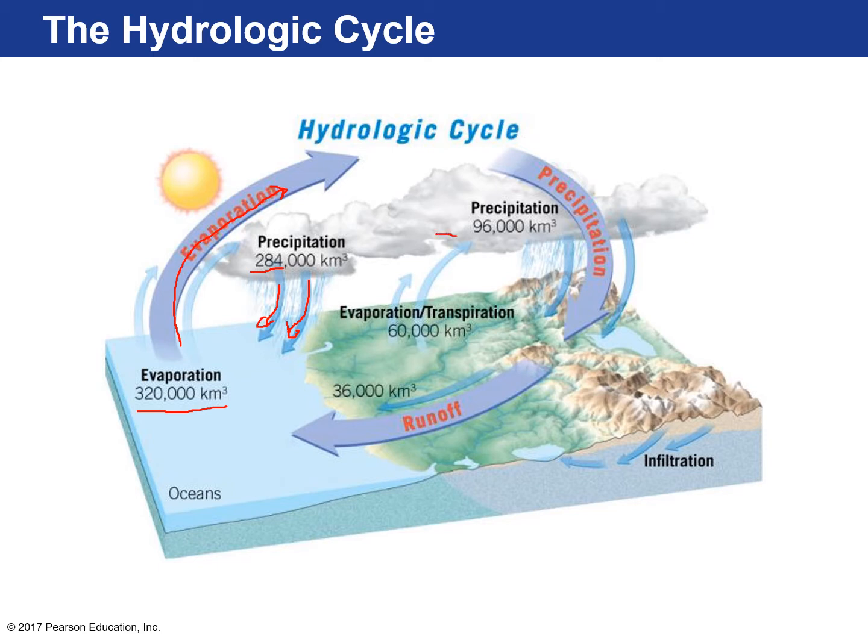And then the rest, 96%, precipitates on land. About 60,000 cubic kilometers are either evaporated or transpired back into the atmosphere. 36,000 cubic kilometers then runs off, goes back into the ocean, and some of that water meets up in the ground as part of the groundwater system.